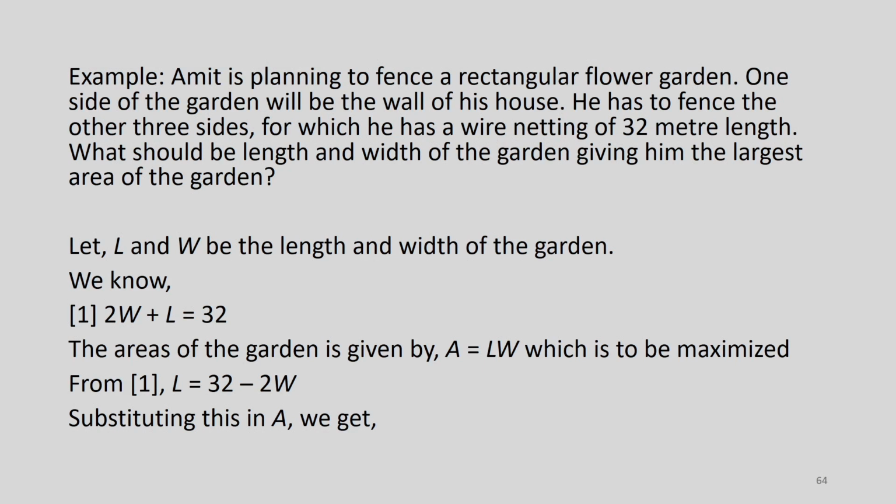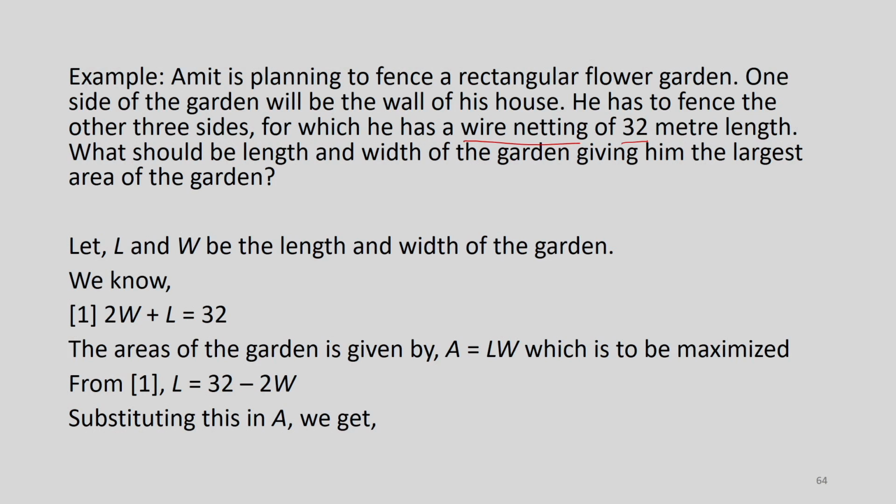So, the summation of these 3 sides must be equal to the length of the wire netting that he has, right. The wire netting that he has is 32 meter long. So, this 32 meter long wire netting must be able to cover the 3 sides that he will be planning for the garden.